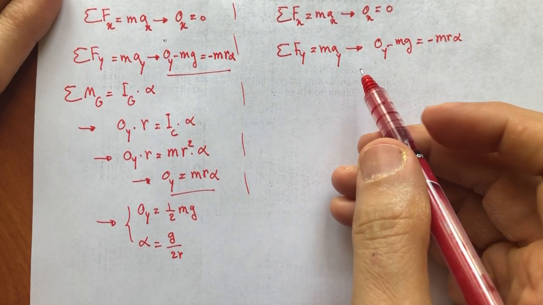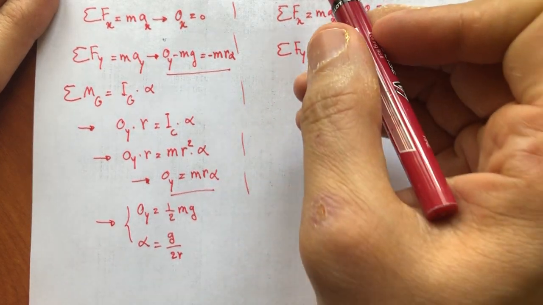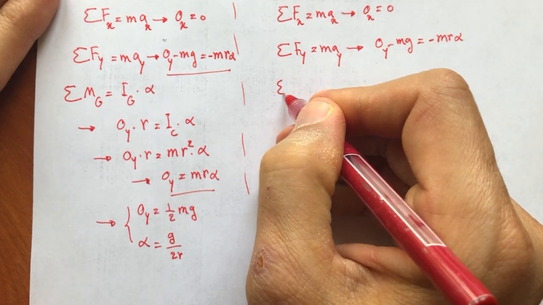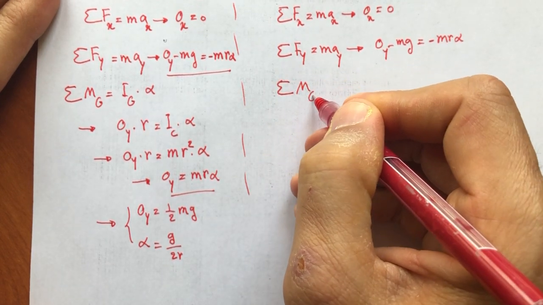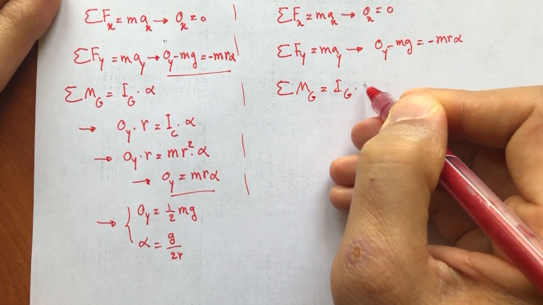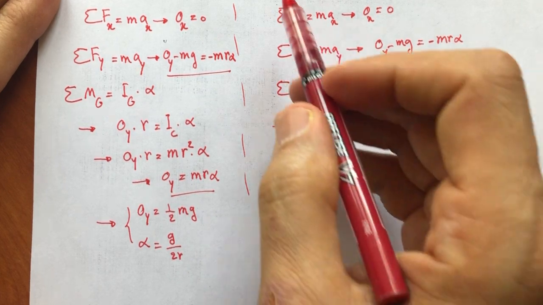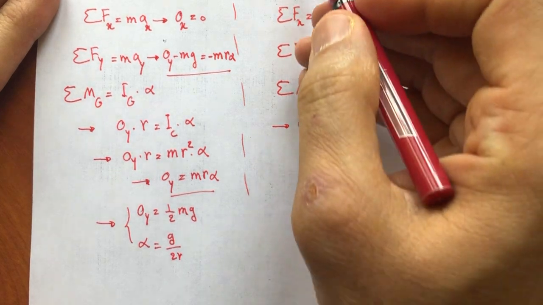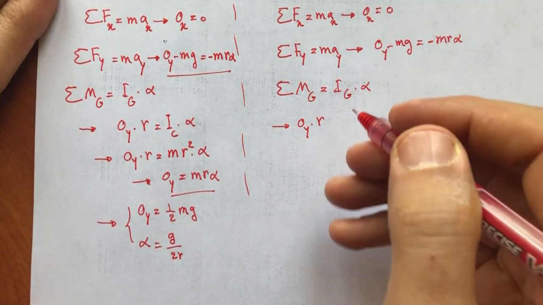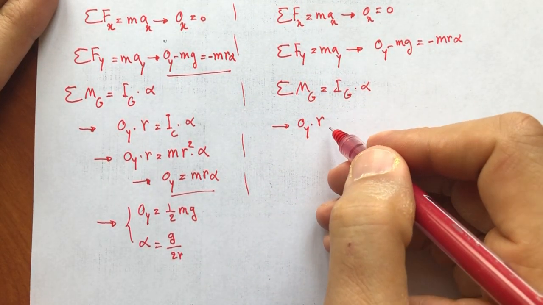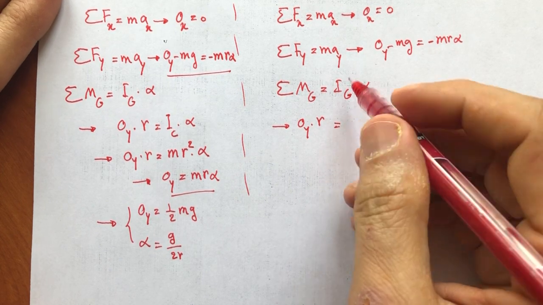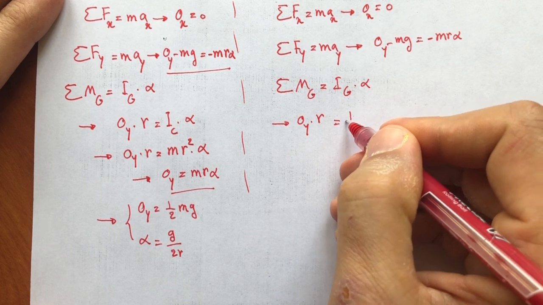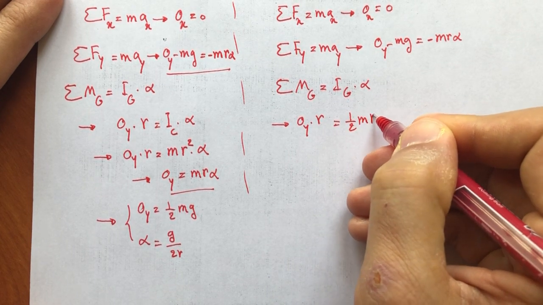We can do the same thing for the other one. The only difference is I of a disk is different than I of a ring. Sum of the moments about G is equal to I_G times alpha. Moment in clockwise direction is going to be OY times r. This force and this force, they're not going to make any moment about point C. It is equal to I_G for a disk, which, if you remember, is half of mass times r squared.